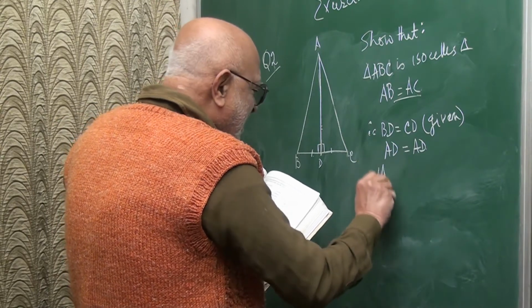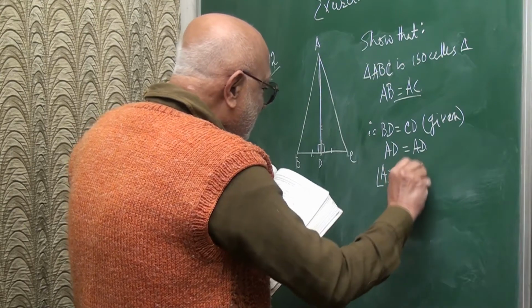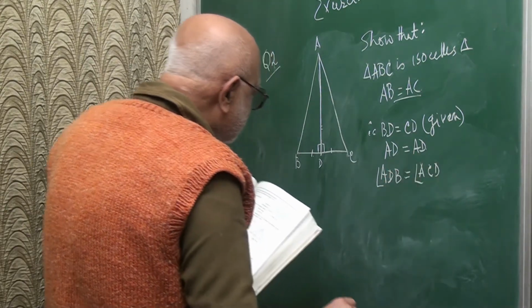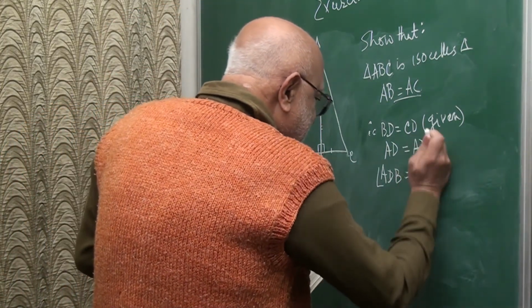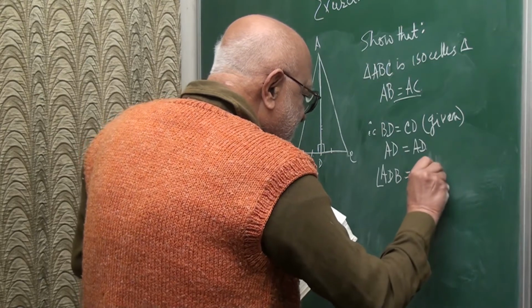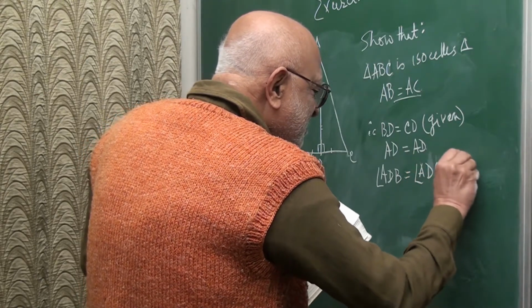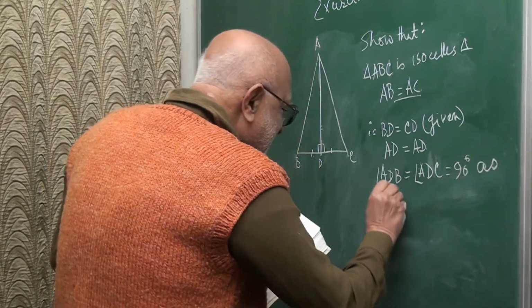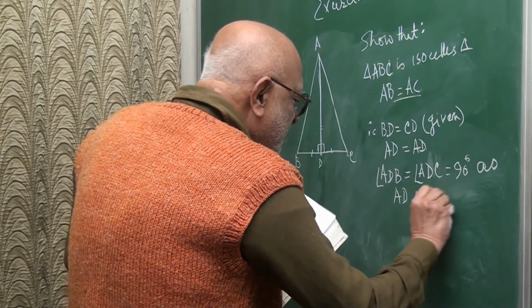So angle ADB is equal to angle ADC, not ACD. They are equal to 90 degrees, as AD is perpendicular to BC.